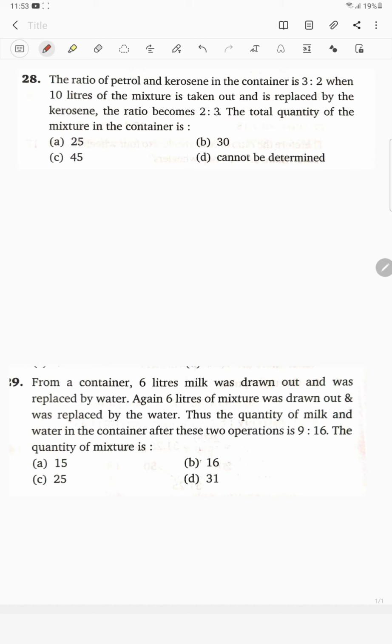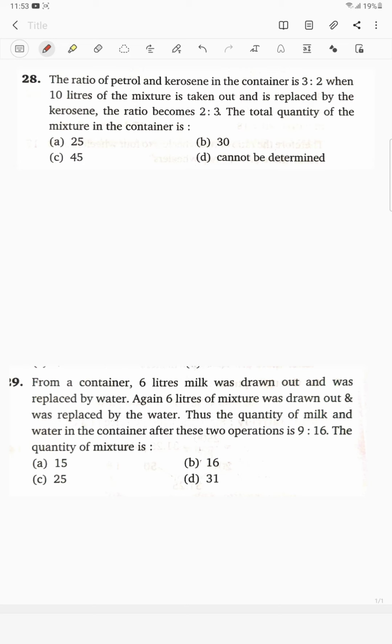We'll solve these 2 questions based on what I have learned in the shortcut. The ratio of petrol and kerosene in the container is 3 to 2. When 10 liters of the mixture is taken out and replaced by kerosene, the ratio becomes 2 is to 3. So here the petrol is getting replaced by kerosene.